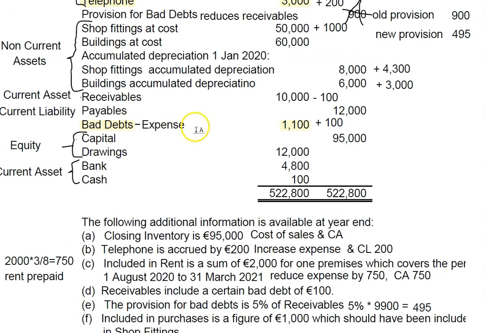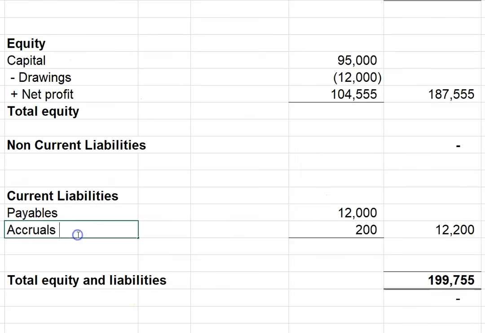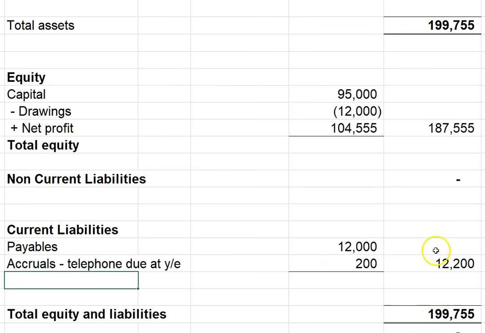So we had here payables 12,000, and once again payables are on the right hand side of the trial balance, the credit side. And telephone is accrued by 200. So accruals. And the total of our equity and liabilities adds up to the total of our assets. So that's the statement of financial position finished.